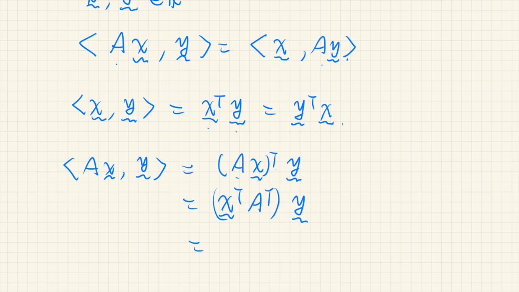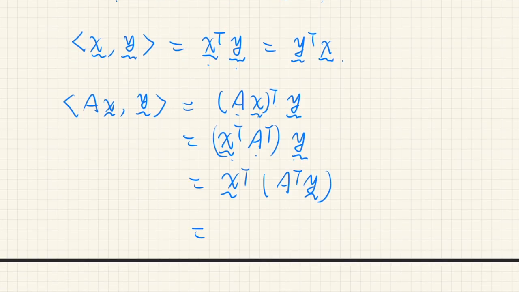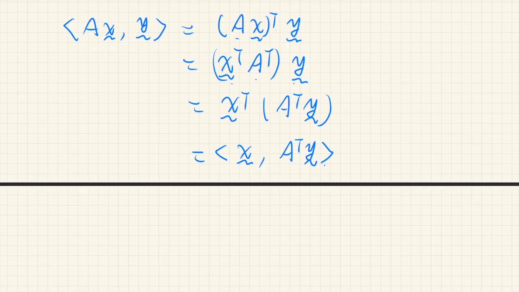And since matrix multiplication is associative, we have A transpose y here. But this is equal to the inner product between x and A transpose y. Up to this point, we have assumed nothing about A, but A is actually symmetric, so A transpose is equal to A. And we are done.